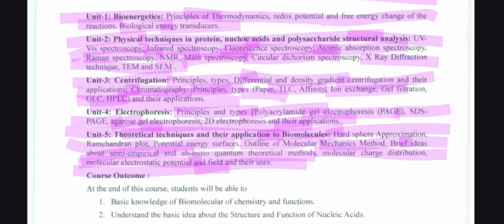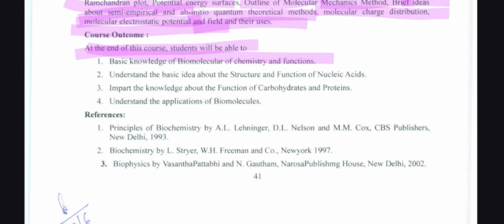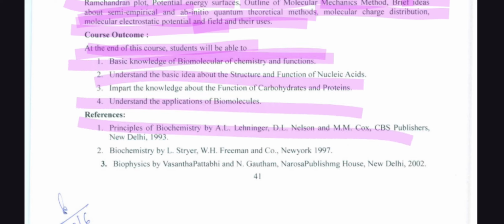So at the end of this course, a student will be able to have basic knowledge of biomolecular chemistry and functions. Here you see this, the reference of the books, you see this, and come to the next.